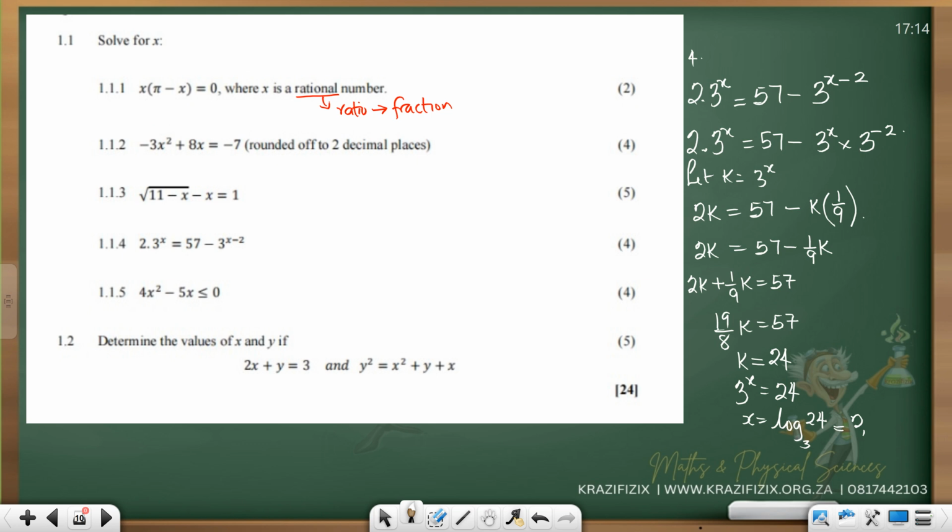Oh, sorry, this 8 is a 9. So it's 27. Okay, 27. So we don't need logs, right? We can just walk straight. 3 to the power 3. Thank you. And x is 3. Lovely.